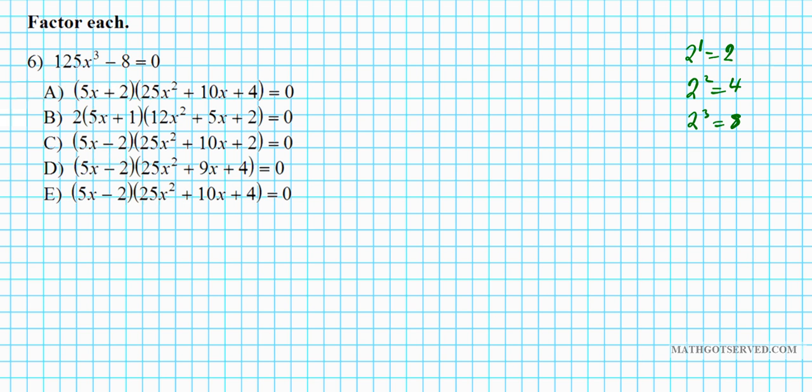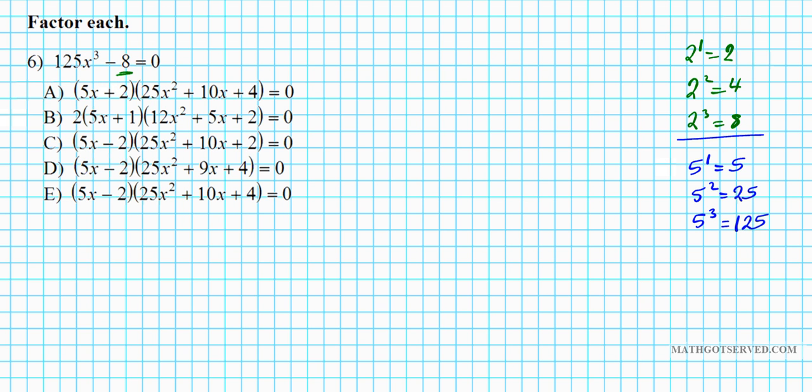See that right there? 8 is a cube. Let's take a look at the next number, which is 5. 5 to the first power is 5, 5 to the second power is 25, 5 to the third power is what? 125. 125 is a cube, and x to the third is a cube because we see that 3 there.